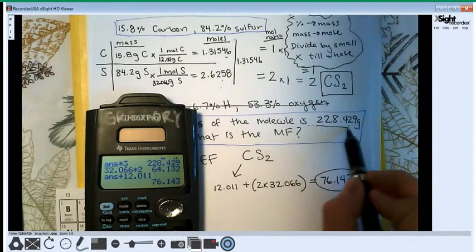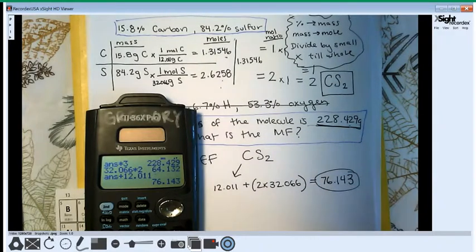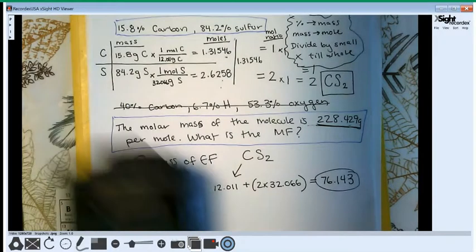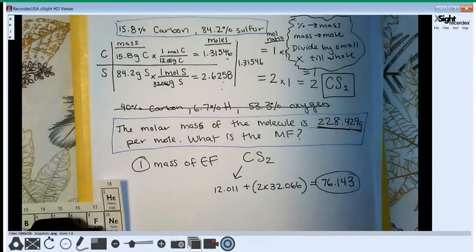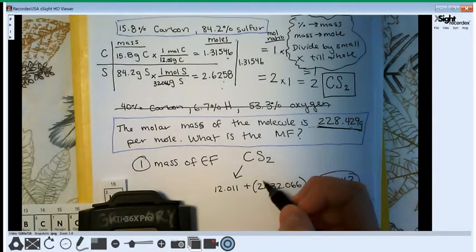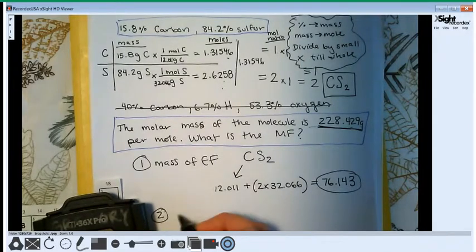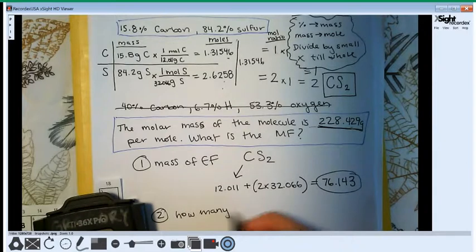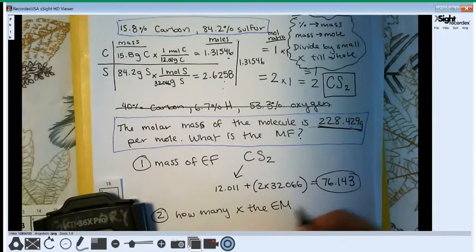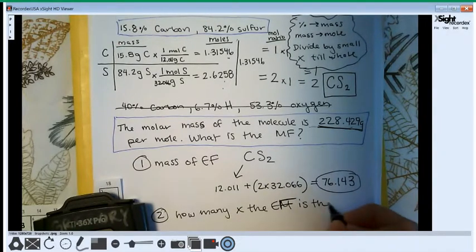Is it more or less than the mass of our molecular formula? Yes, exactly. So step 2 is to figure out how many times the empirical formula is the molecular formula.